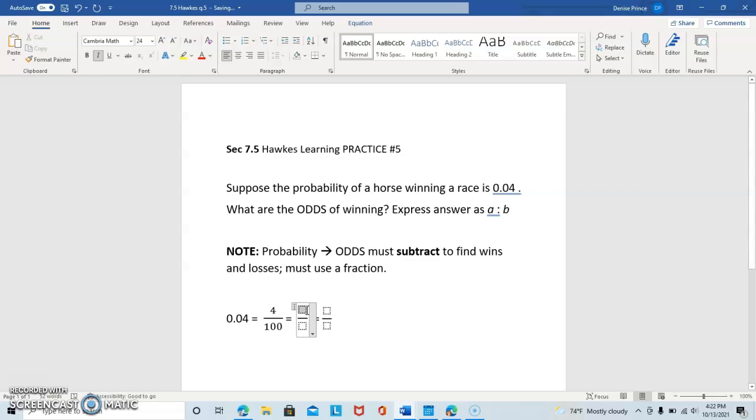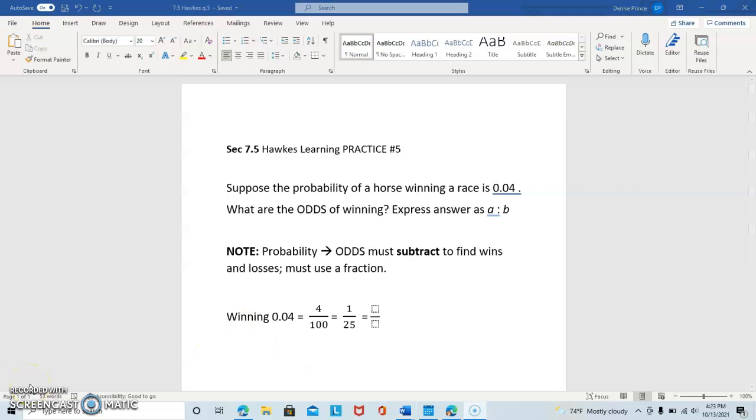And then you should always reduce fractions to lowest terms. So 4 100ths, if you divide by 4, 4 divided by 4 is 1. And 100 divided up into fourths is 25. So what this means is that the probability of winning is 4 out of 100 or 1 out of 25.